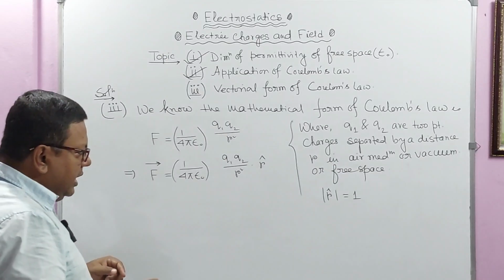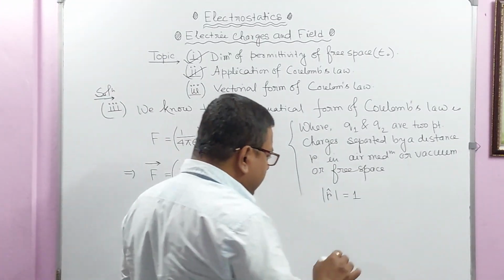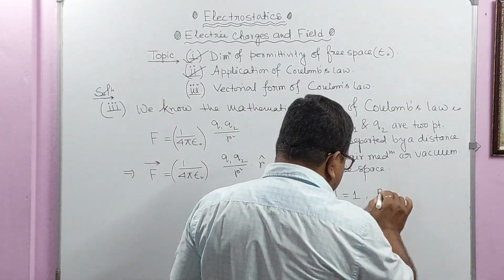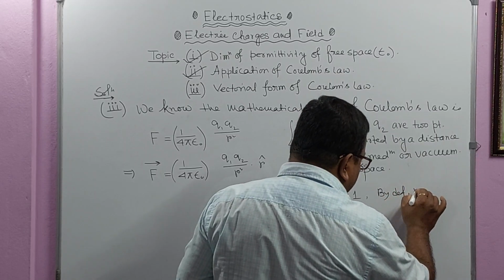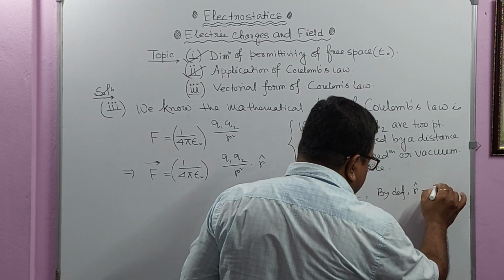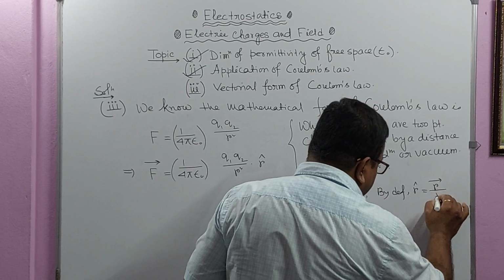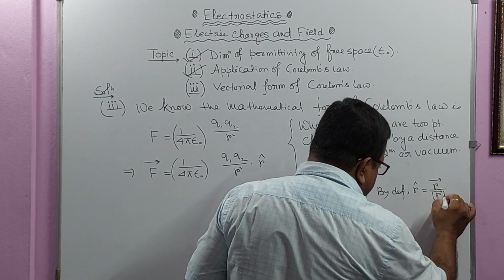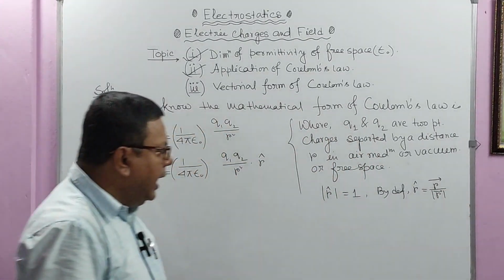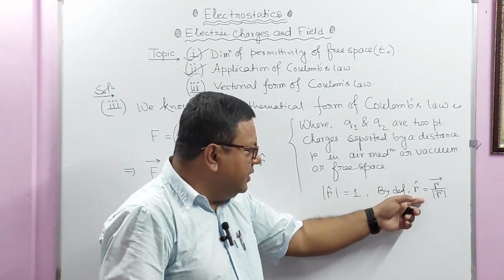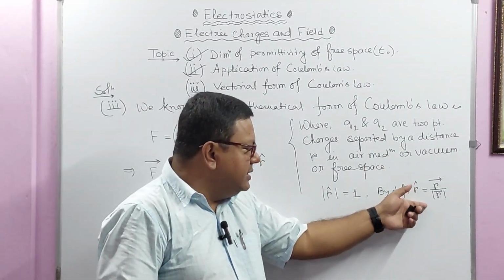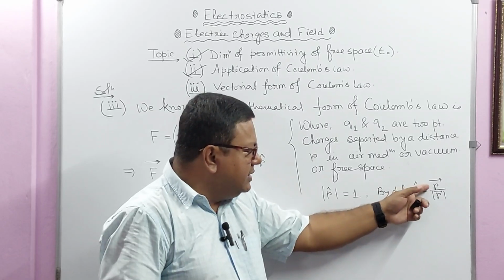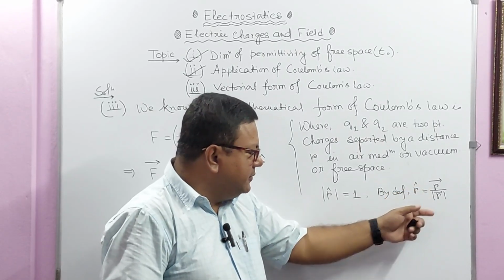So when we take the modulus on both sides, it becomes 1 and it will not disturb the magnitude. Again, by the definition of unit vector, r cap is nothing but the vector itself divided by its modulus.